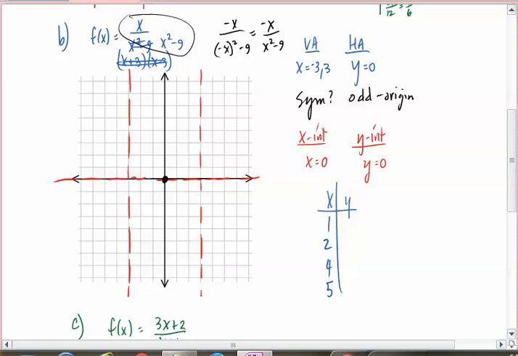What I typically do is I go back to the factored form, the x plus 3, x minus 3, as long as nothing canceled, right? The factored form, and I'm going to dump in a 1 into there.